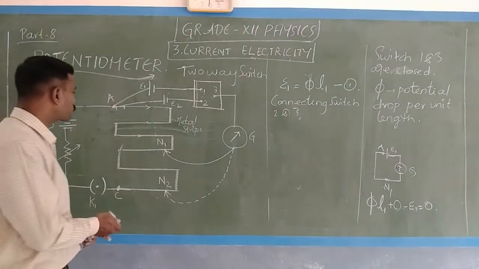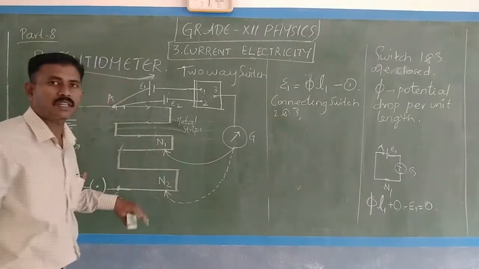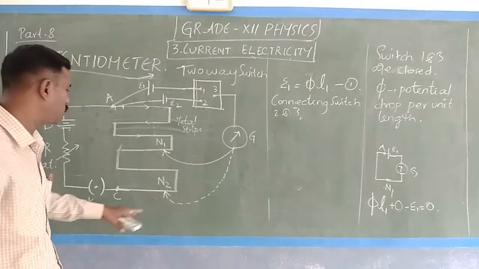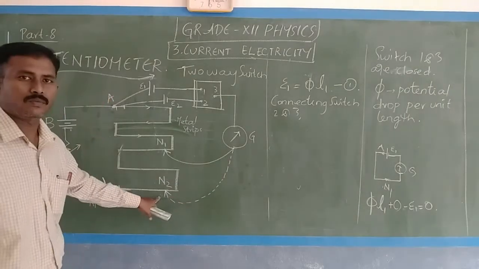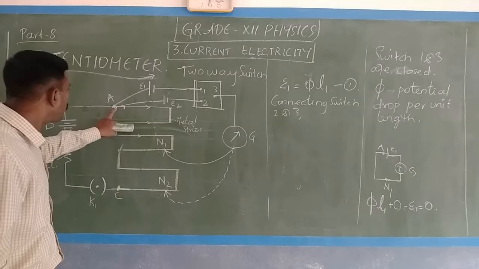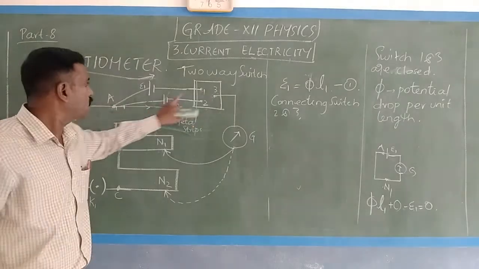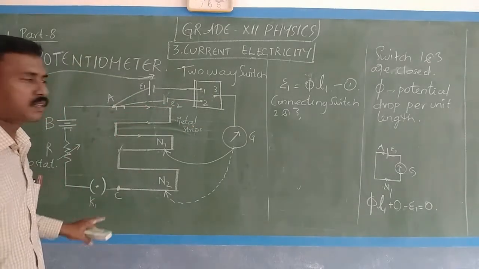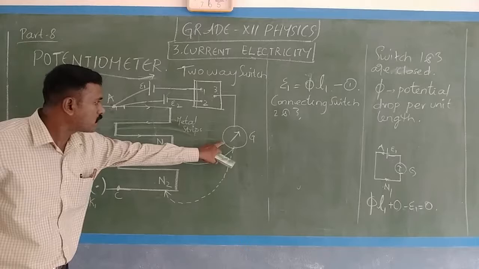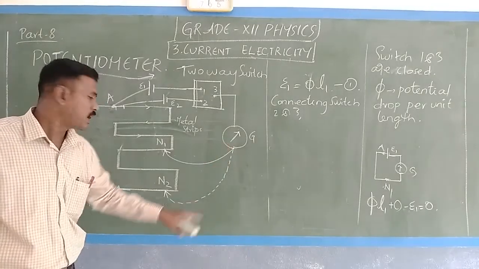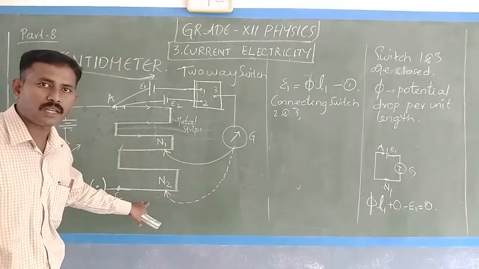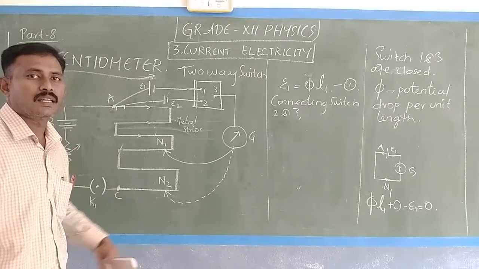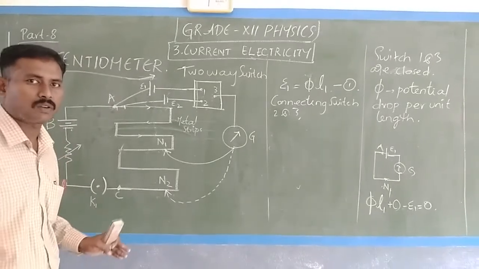Because at some other different point only we have to consider. So I am considering the N2 value. When I close this 2, 3, the same thing will happen. The galvanometer will get deflected and I will move this point N2 until the null deflection occurs in the galvanometer.